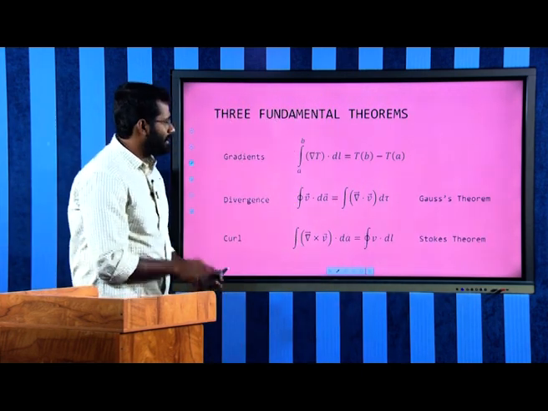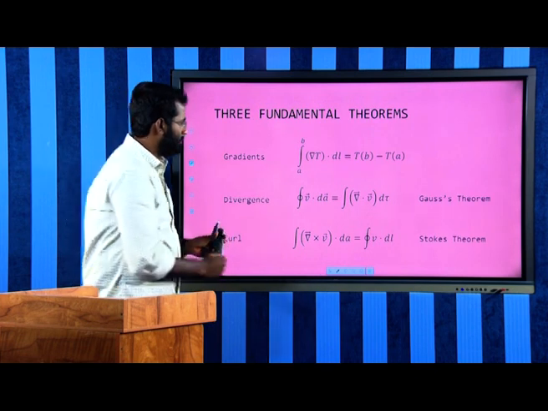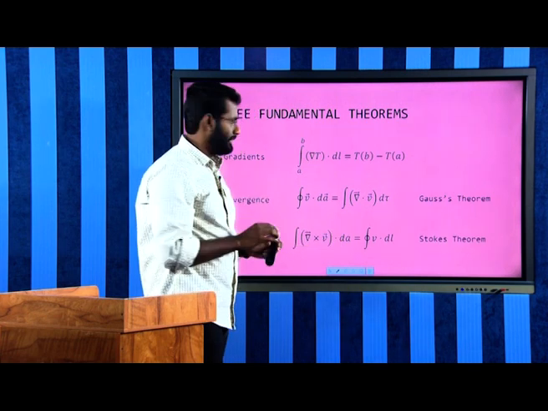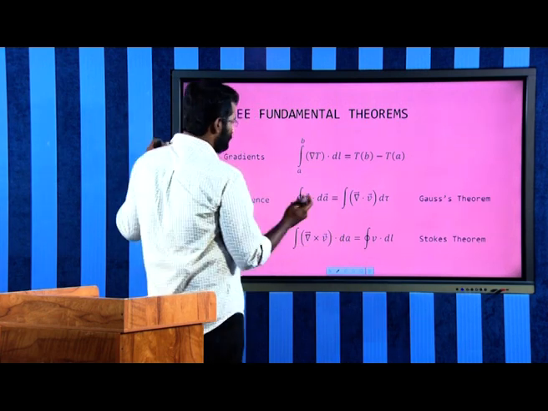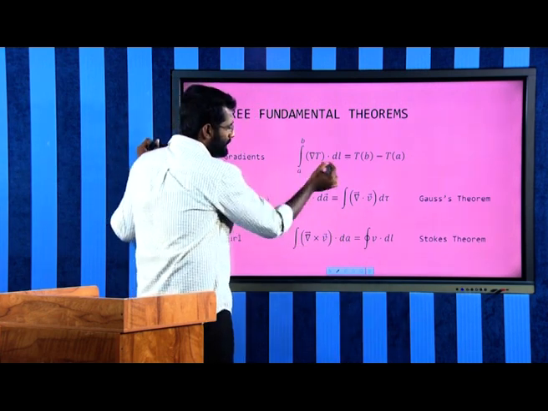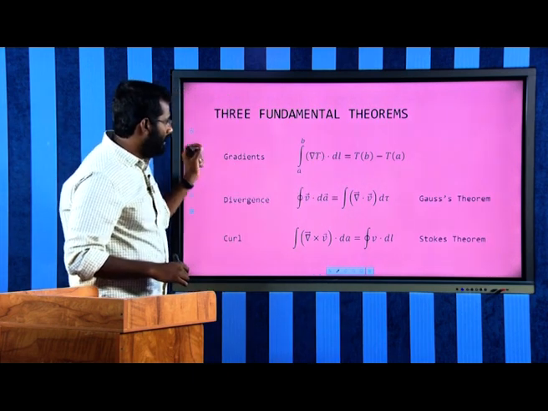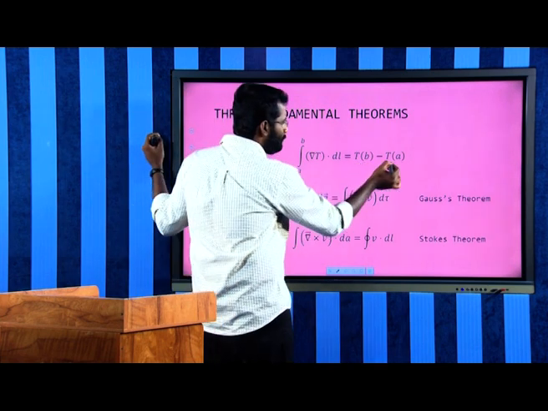Now here you can see something. Just avoid the expressions del T, del dot V, del cross V for a moment. Here it is a line integral, and that line integral is connected with T of b and T of a.